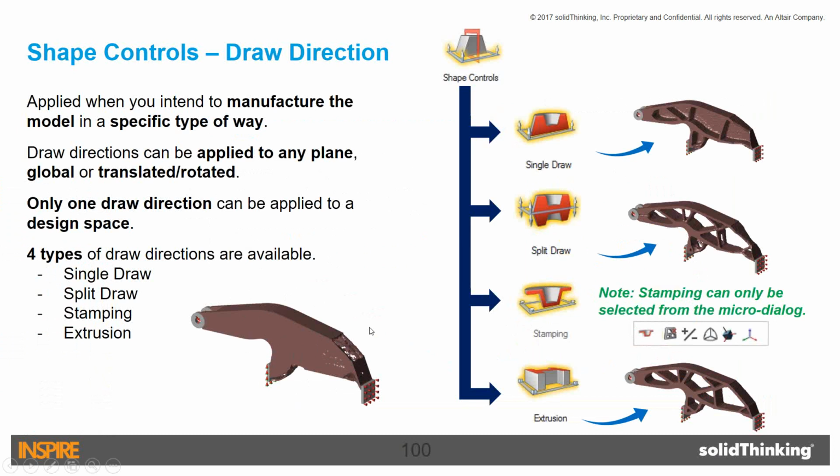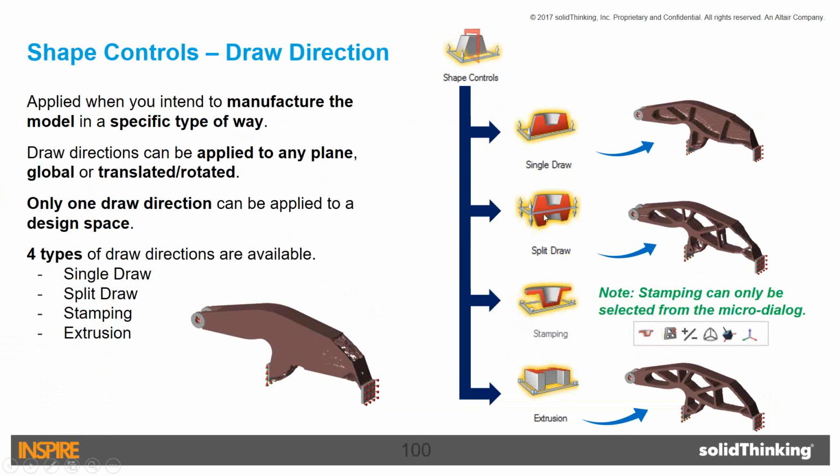And that's a really good structure. Hollow on the inside, nice shell on the outside to provide it rigidity. That's great. But it can't be manufactured. So what we need to do is add shape controls, and I'll show you how to do that in a second, but we need to understand what they are first of all.